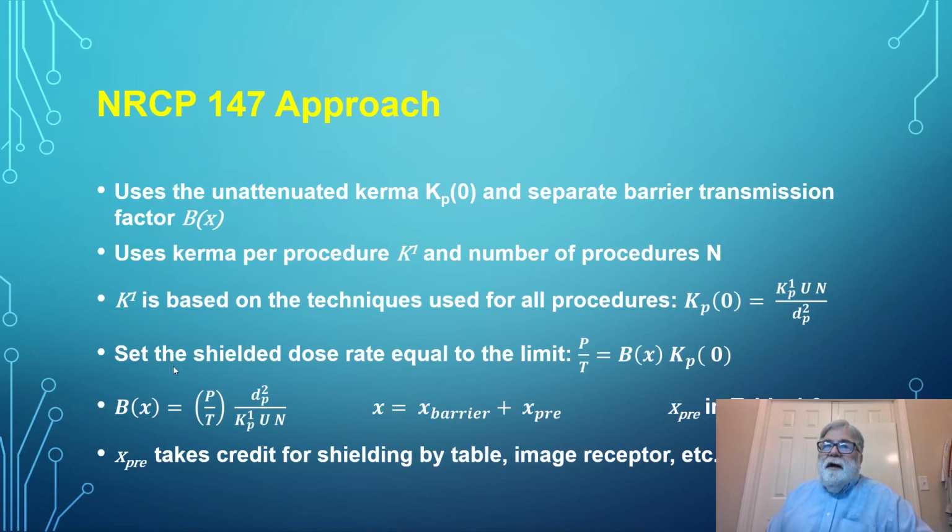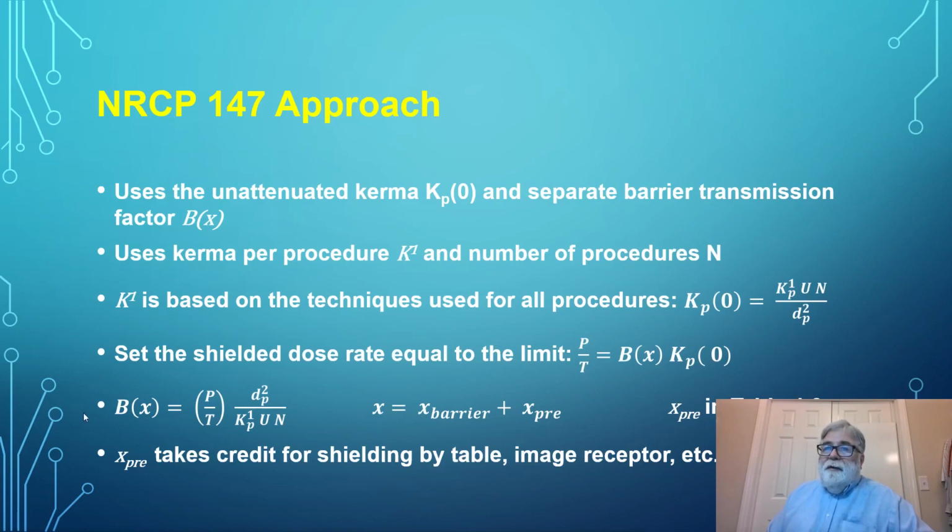Now, under NCRP 49, we didn't take any credit for any of the material that might have been before the barrier. The image receptor, the anti-scatter grid, the tabletop, the wall holder, whatever it was. But in NCRP 147, we can take advantage of those factors.